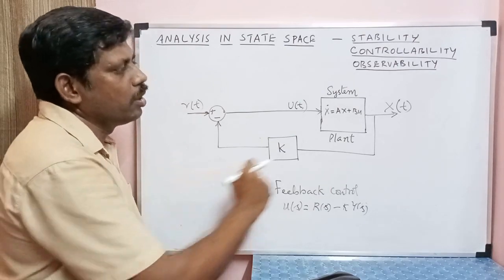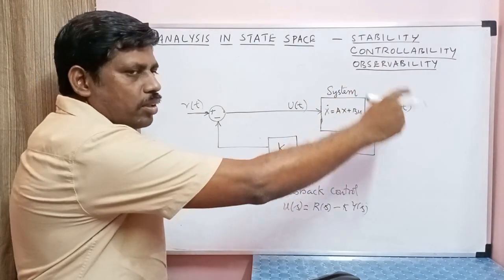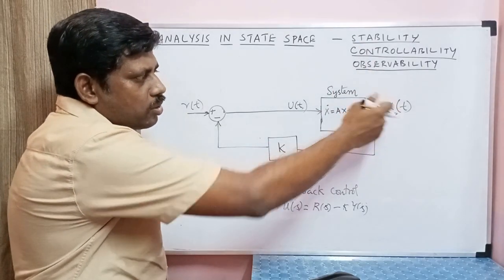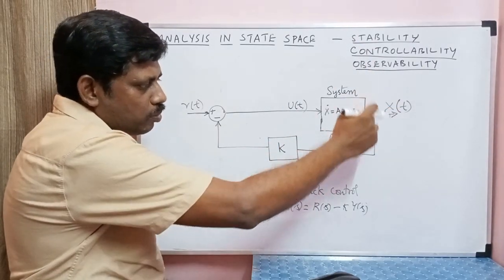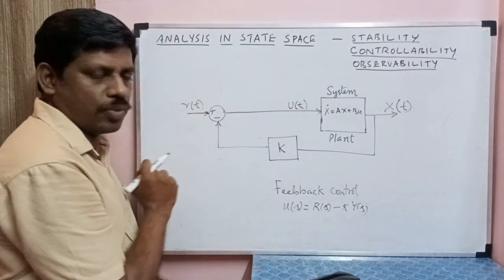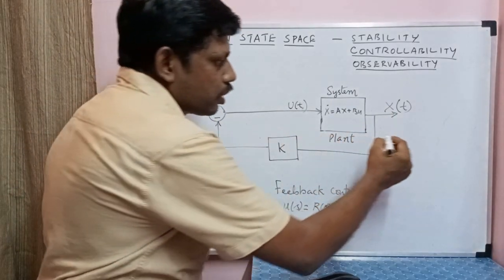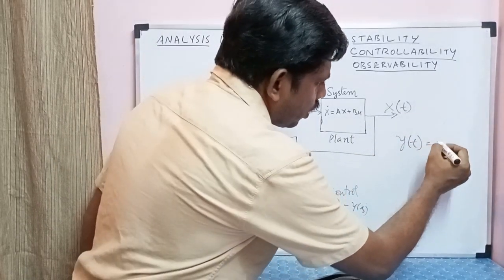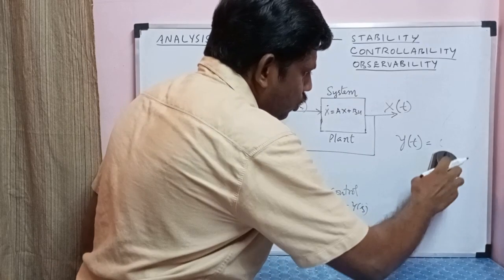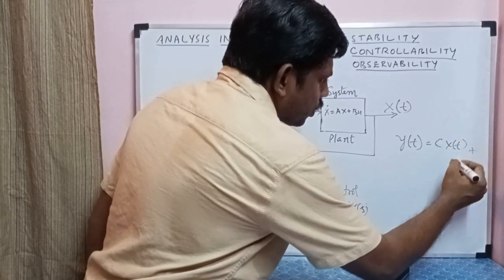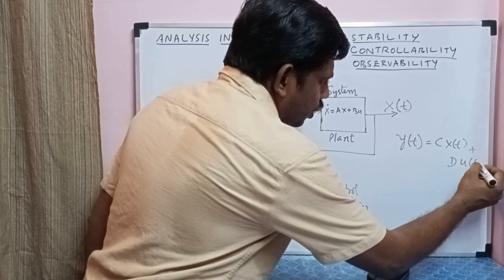So therefore, instead of taking this y of t as the output of the entire system, we can take x of t as the output of the system, feed back this x of t, and we can control the x of t. Also, please notice that y of t, this output is given by c into x of t plus d u of t.